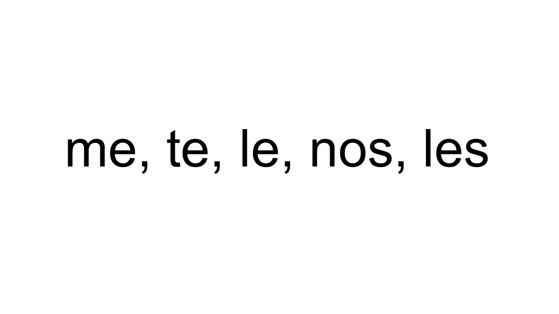So the next step is to remember your indirect object pronouns. Me, meaning to me. So if something is pleasing to me, I would use me. Te, to you; le, to him or to her or to you; nos, to us; and les, to all of you or to them. So remember your indirect object pronouns. You might want to review those as well.